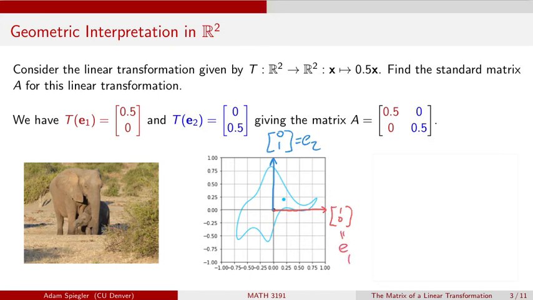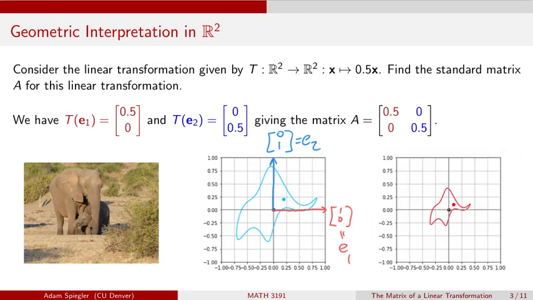And under this map, we know where these vectors go. Namely, this vector e1 goes to 1/2, 0. So it winds up right here. And this vector e2, which was 0, 1, winds up over here at its image, which is 0, 1/2.